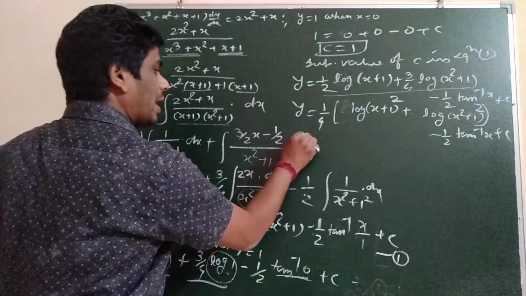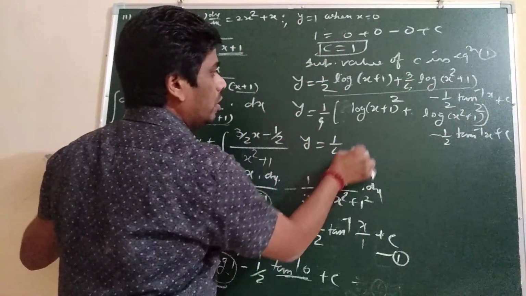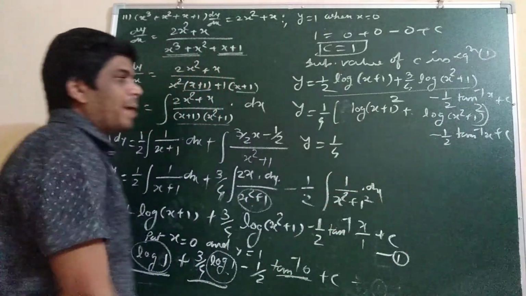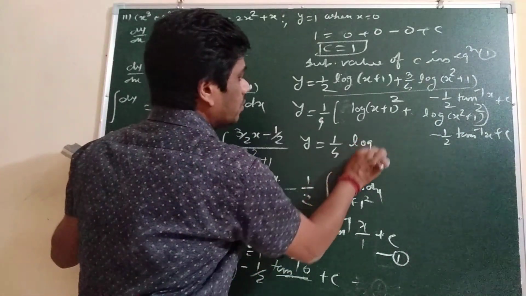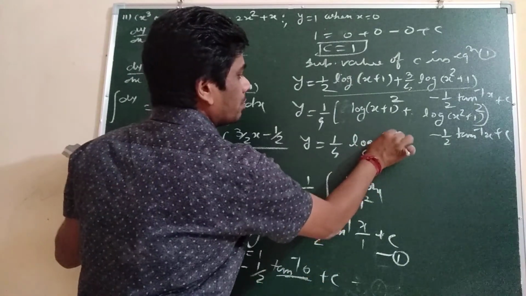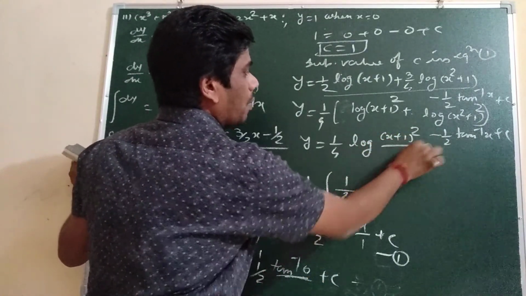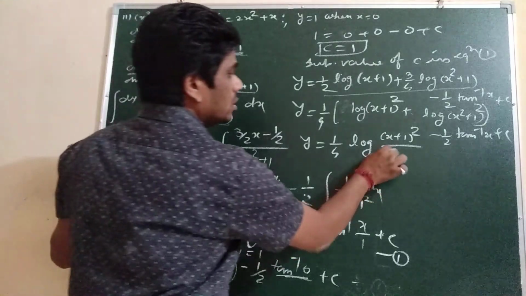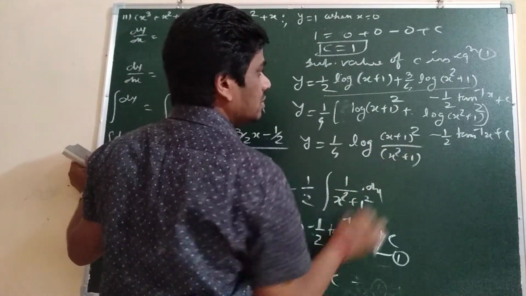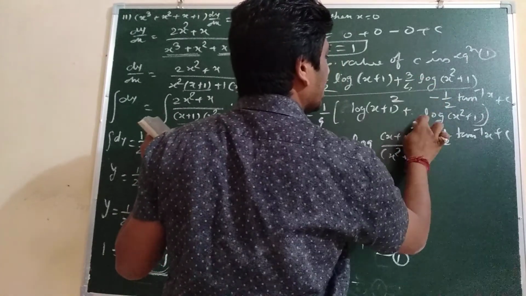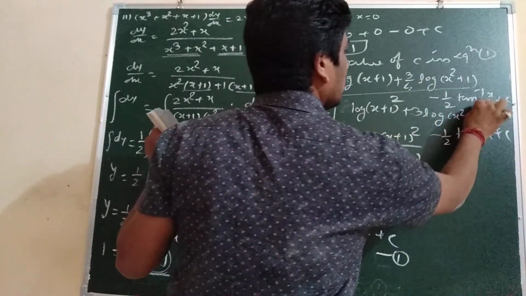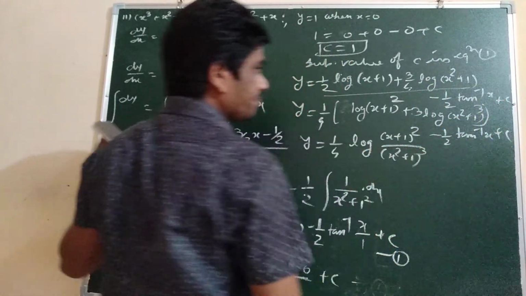So you can apply here y equal to 1 upon 4. The product rule, log of m plus log of n equal to log of mn, which means log of x plus 1 whole square upon x square plus 1 raised to power 3. This will be 3 because 3 was there, so we write raised to power 3.